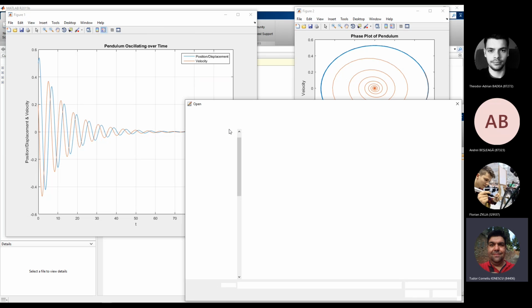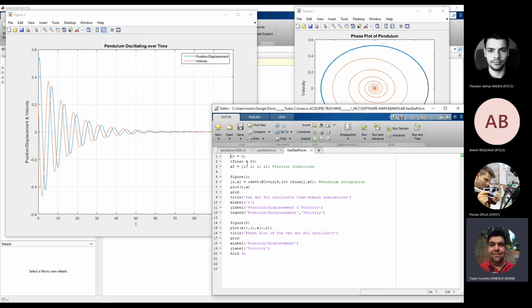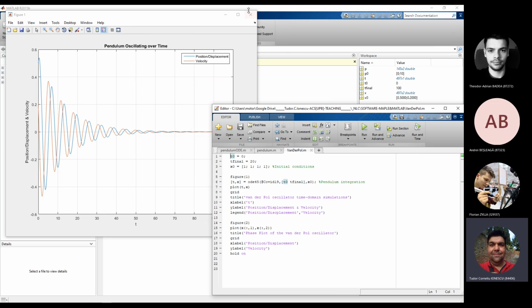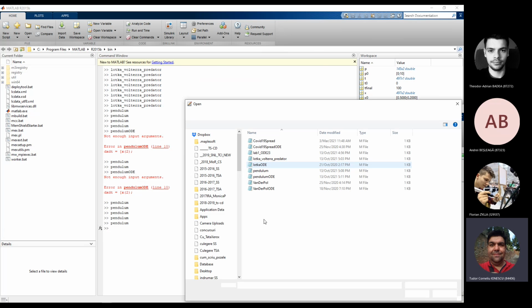What else? Oh, and I also have a van der Pol oscillator. The van der Pol oscillator is a model exhibiting the behavior of a limit cycle, which is a nonlinear-specific phenomenon. Now we see what permanent oscillations and structurally stable oscillations look like, and the van der Pol oscillator is doing that for us.